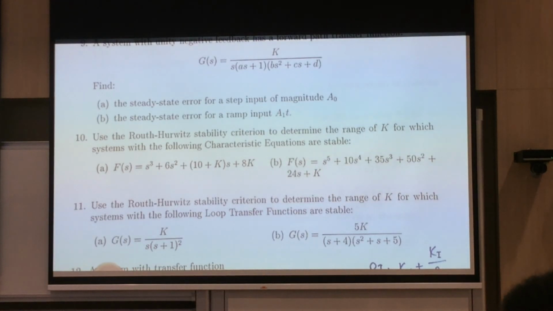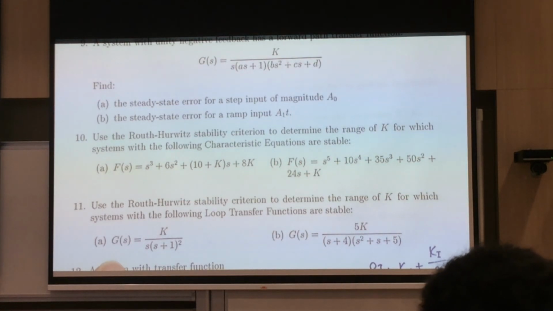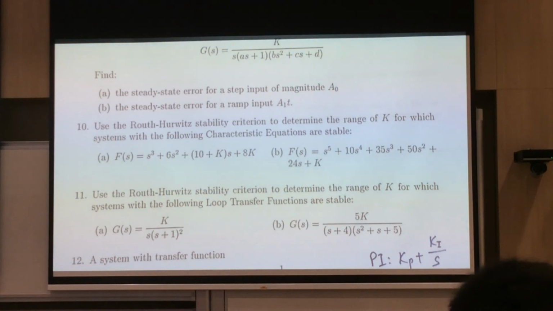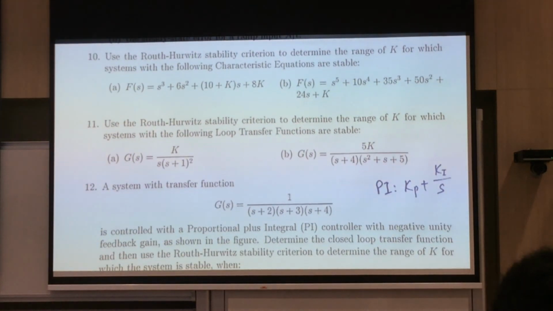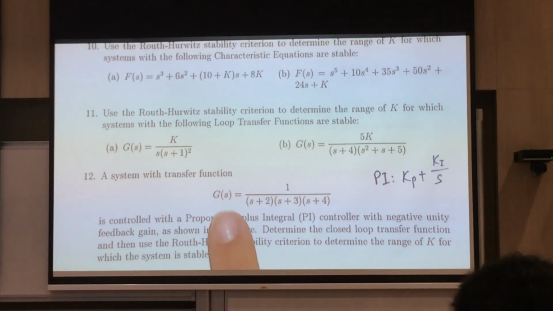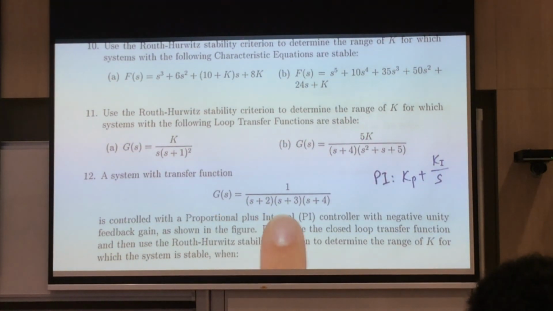Question 11, you are given a transfer function. From the transfer function, you work out the characteristic equation. Then question 12, which is the last question for Routh-Hurwitz. You are given a system G(s), which is third order.